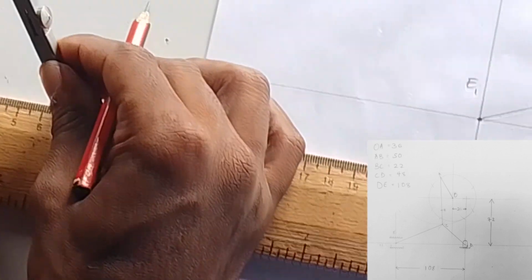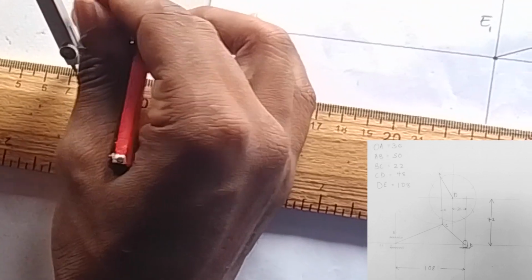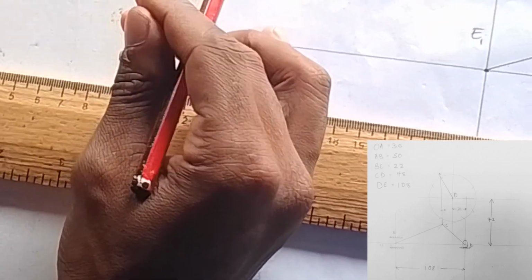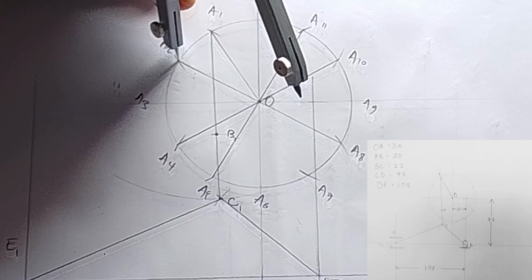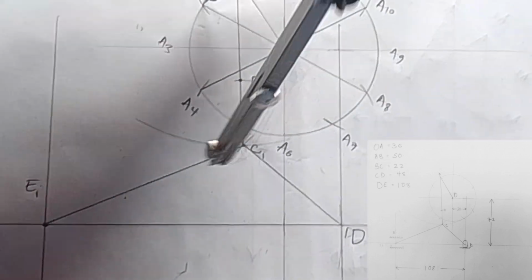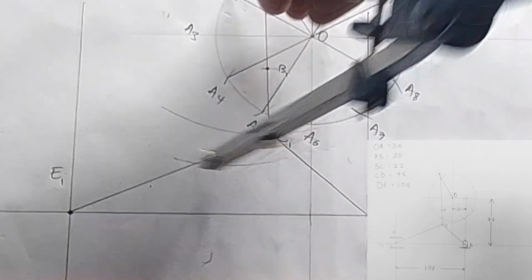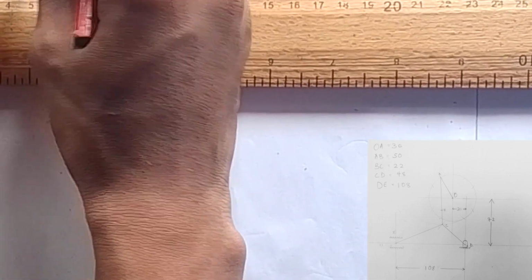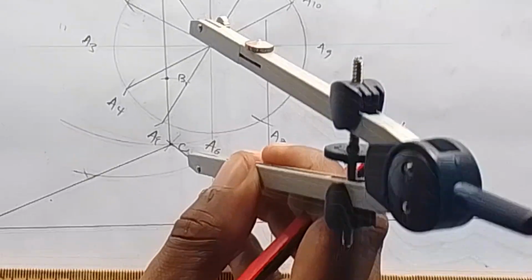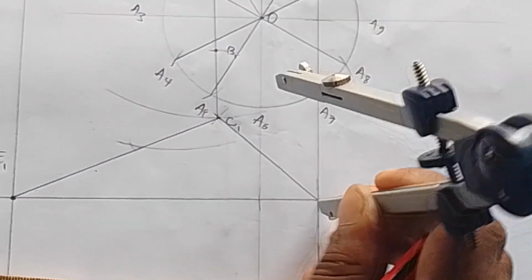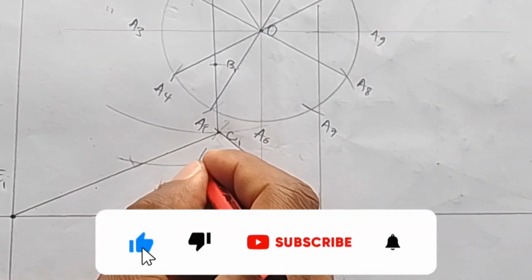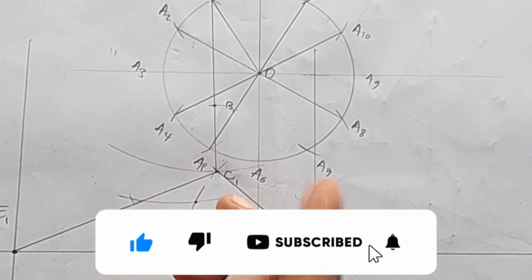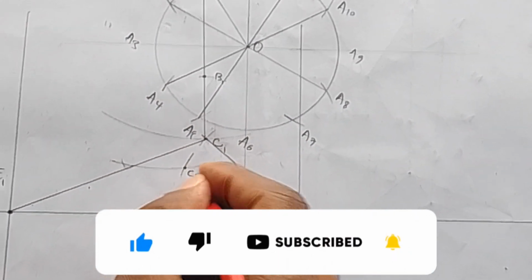Having got your 7.2 centimeters, stand on this A2 and strike an arc like that. Then measure 4.8 centimeters from point D, which is stationary, and strike an arc. Where they intersect, we have now achieved our C2.